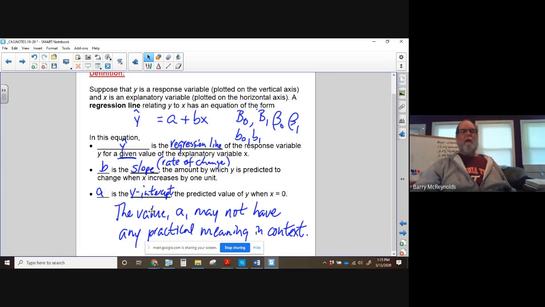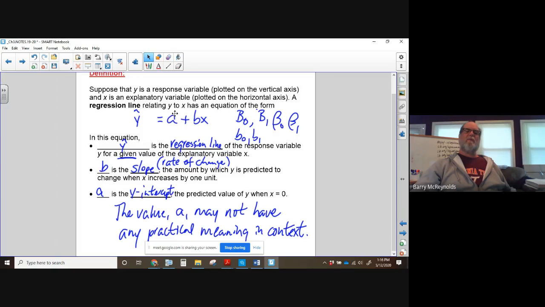However, when we interpret the data from this regression line at x equals 0, the value for A may not have any real practical meaning. In the range that the regression line is created, the slope of the line has a practical meaning, the value of y hat has a practical meaning.